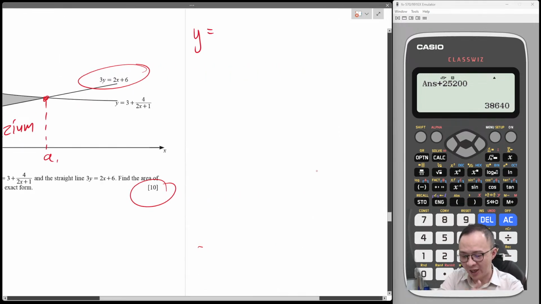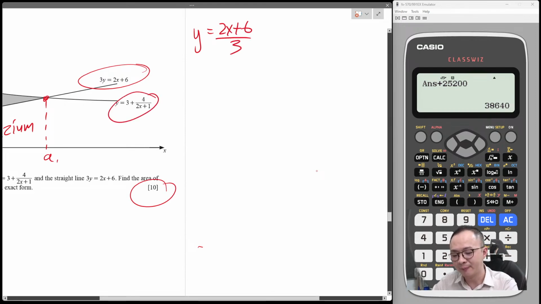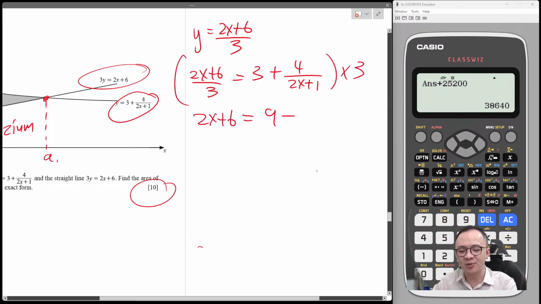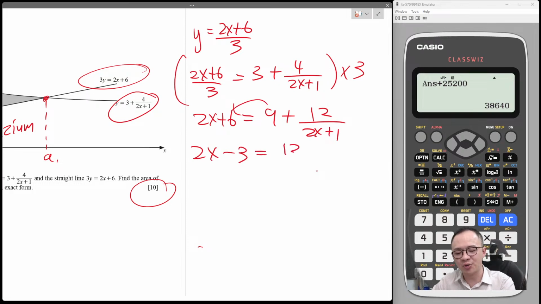So y equals (2x plus 6) over 3. I sub into the second y. So (2x plus 6) over 3 equals 3 plus 4 over (2x plus 1). I multiply 3 for the whole equation. 2x plus 6 equals 9 plus 12 over (2x plus 1). This one throw there, 2x minus 3 equals 12 over (2x plus 1).